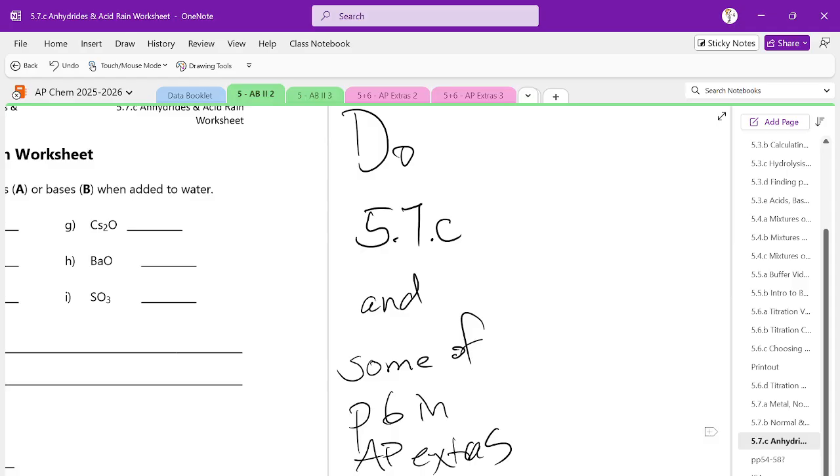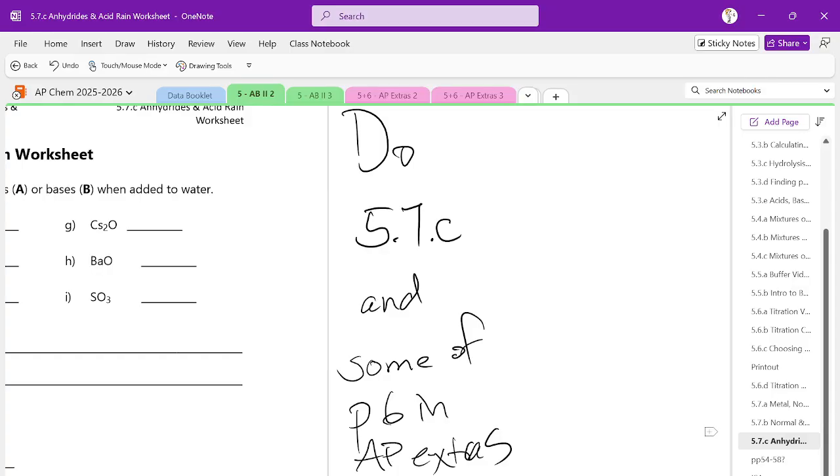So now you're going to put on your APIs and you're going to say, like, Ka for that thing is 10 to the negative 10. So that's going to buffer at about pH 10. So that's going to be a good way to buffer. So now you have a better tool to solve that problem. So the pH of the buffer is equal to the pKa approximately.